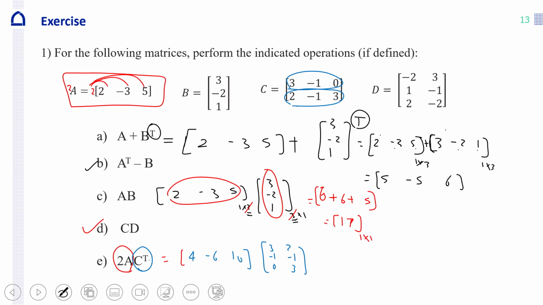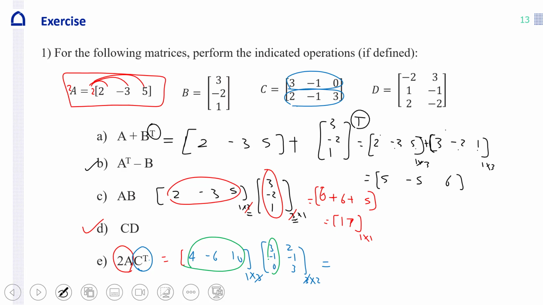Now, can I multiply? This one is 1 by 3. This one is 3 by 2. Yes, I can multiply, no problem with that. And what I get, I'm supposed to have 1 by 2 matrices. As we have done before, you take the rows from the left one and go to all the columns in it.